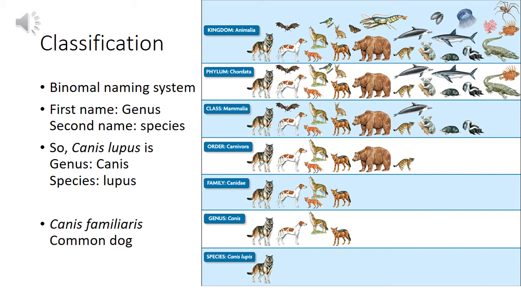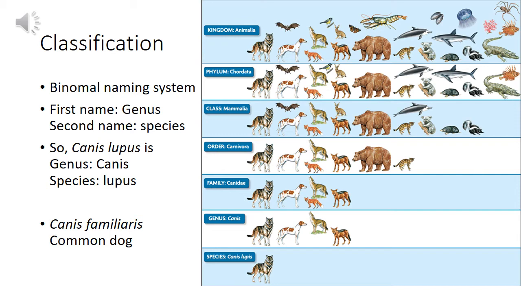And we can see here that there are several genera in each family, there are several families in each order, there are several orders in each class, there are many different classes in each phylum, and there are many phyla in each kingdom. So we will say that this common wolf here is from the kingdom Animals.